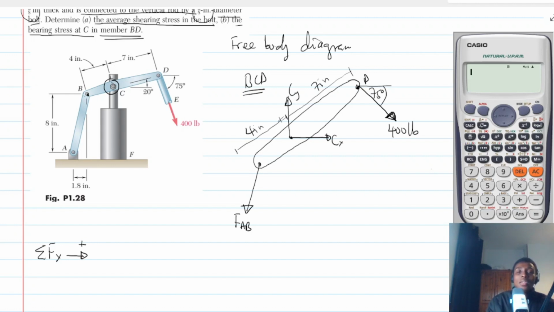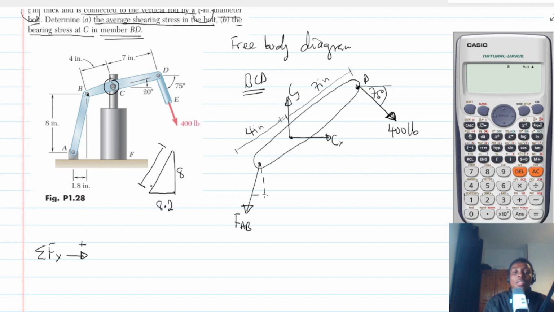Let's look at it here. You would realize I want to resolve this. So I want to resolve FAB into x and y. But FAB is acting along this line. So let's say that you have a triangle over here. The side is 1.8 and the height is 8.